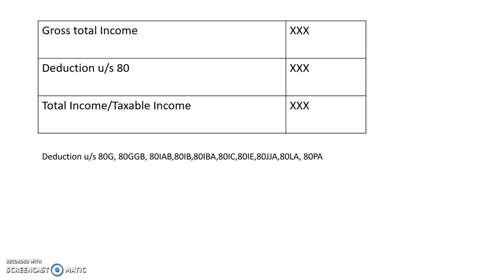The eligible deductions are 80G, 80GGB, 80IA, 80IB, 80IBA, 80IC, 80IE, 80JJA, 80LA and 80PA. So these are some deductions that the company can claim from their gross total income. After deductions, the net amount we get is treated as the taxable income or total income.